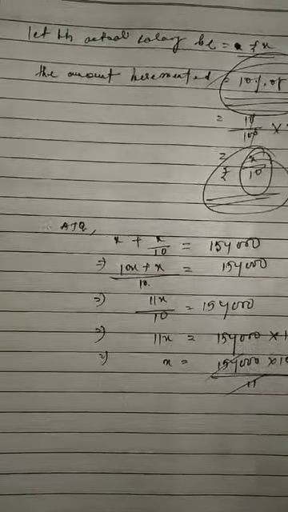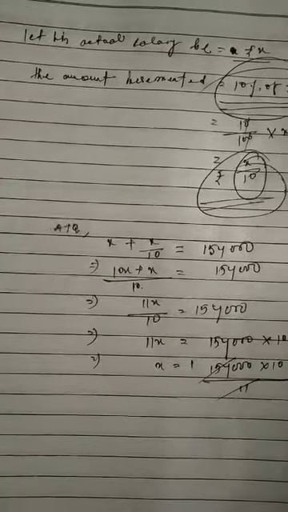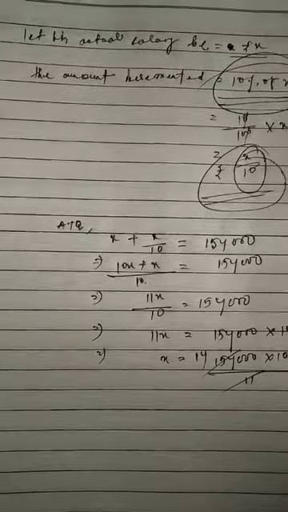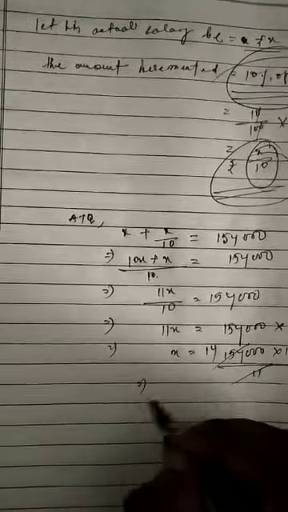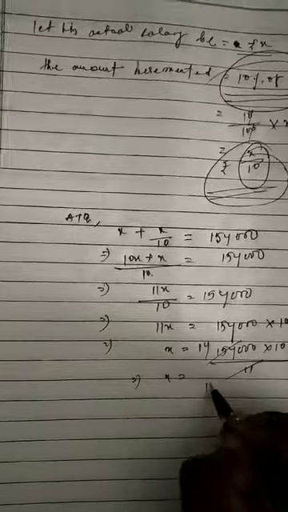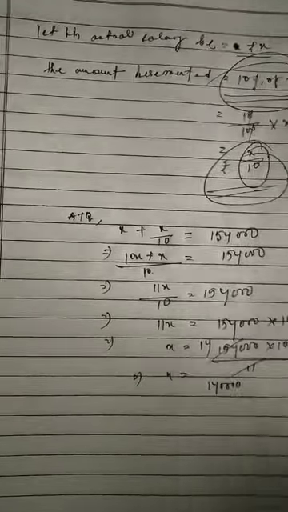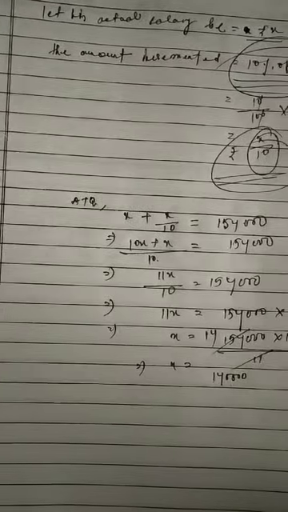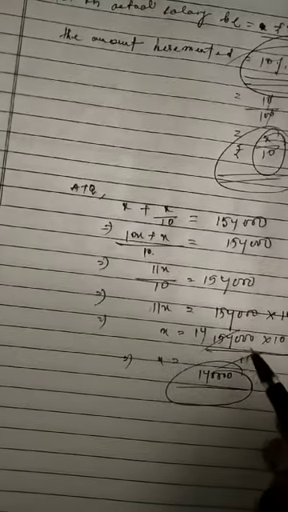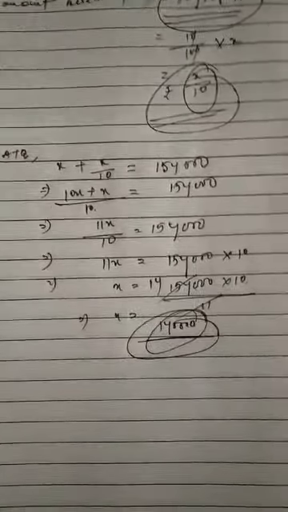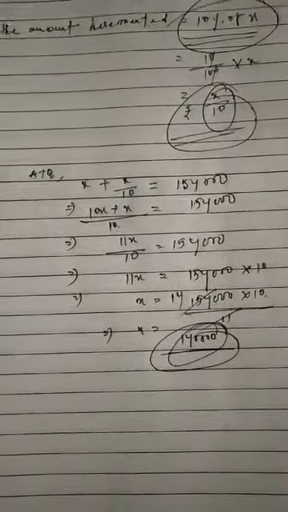11 and 154 will be cancelled. 11's over 11. 4 11's are 44. I got the value of X as 14,000. 14, 1 2 3 4, 1 2 3 4. 1,40,000 was his actual salary.